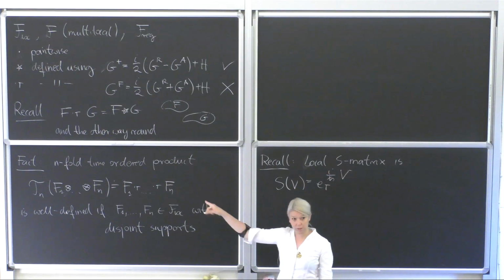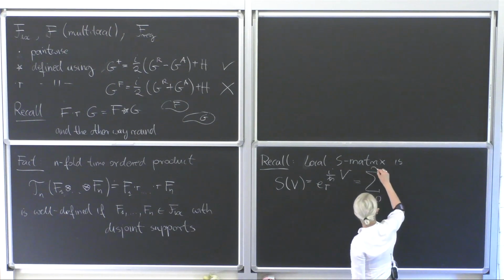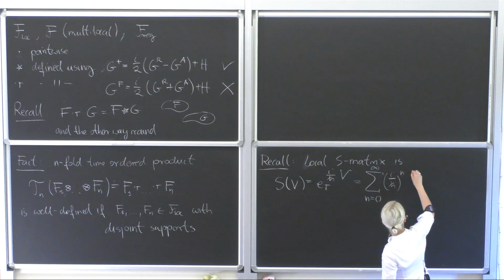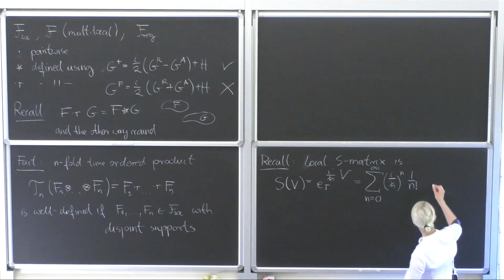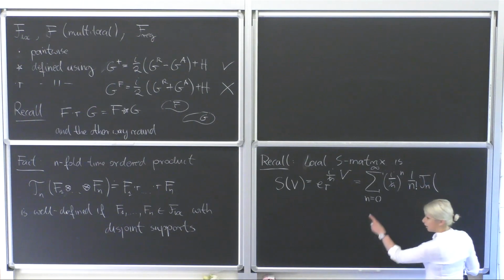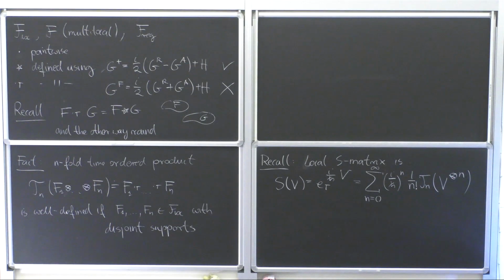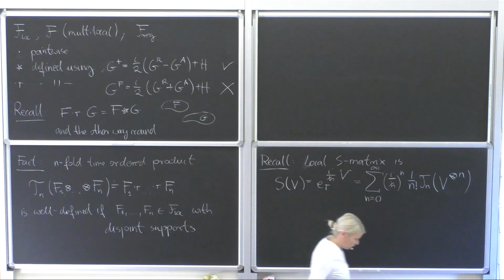With this notation of these T_n's, we can write it as follows: the sum over n equals 0 to infinity of (i over h bar) to the n, 1 over n factorial, T_n evaluated on V tensor n. You see, this actually has negative powers of h bar.